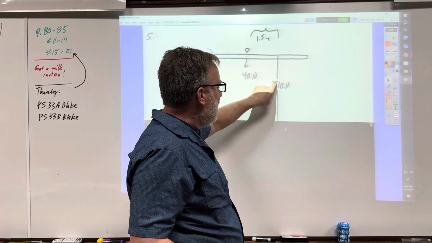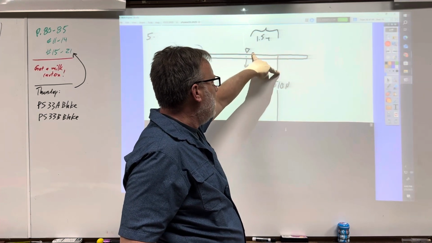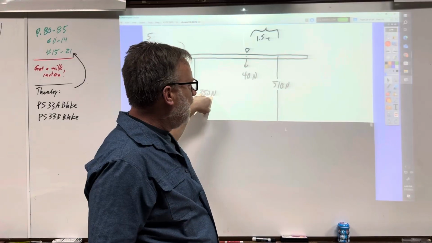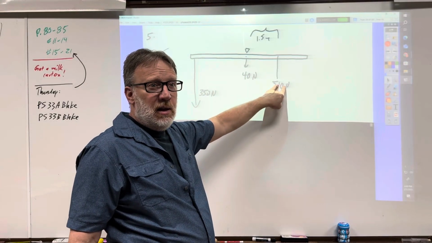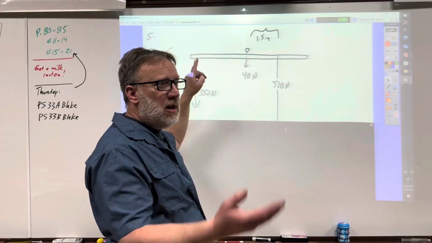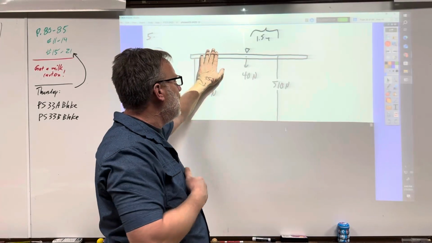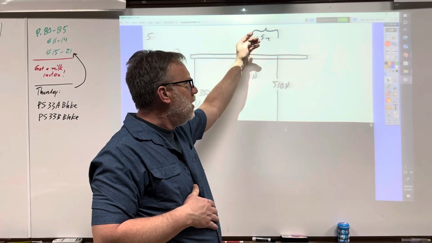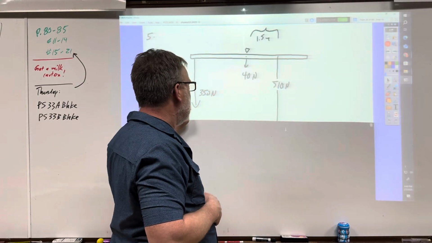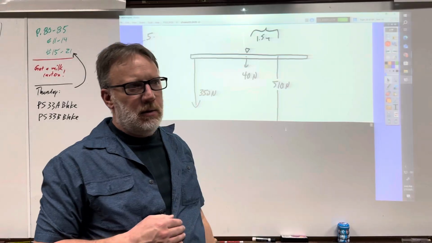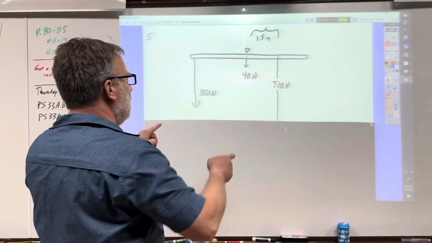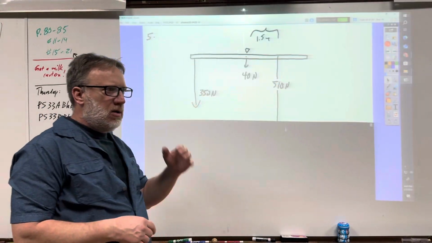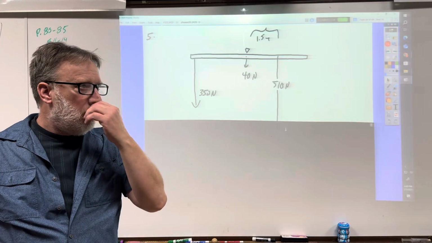The 510 Newton kid is 1.5 meters. The 350 Newton kid is less than this is, so it has to be farther out to get the same twisting force, because it's force times radius equals force times radius. So if the force is higher, the radius is less. If the force is less, the radius is higher. As a matter of fact, you could set up a ratio of these two, and then you'd have a ratio of the radii.